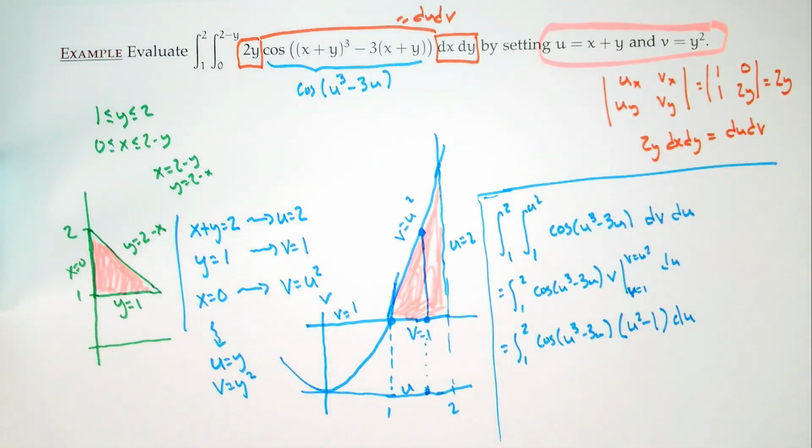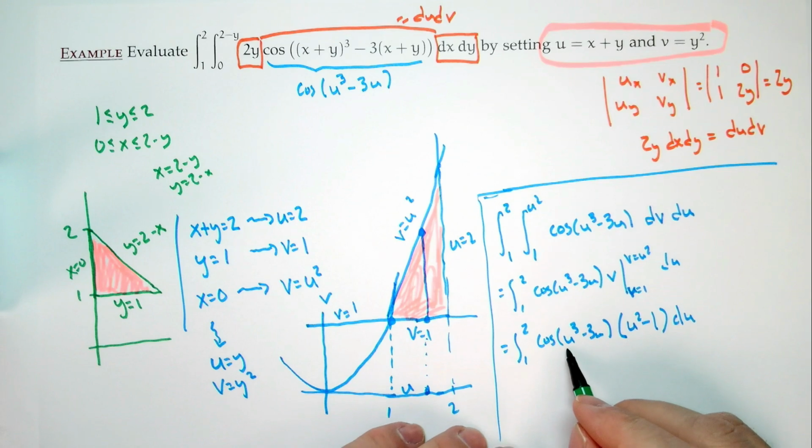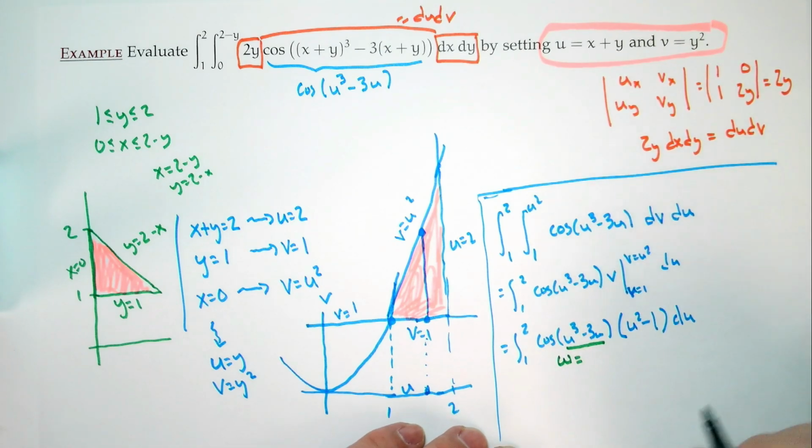Now we say, that's not so bad. It's kind of interesting. u cubed minus 3u, and there's a u squared minus 1. We might be thinking of some sort of substitution. So let's think about that. Let's suppose we were trying a substitution. Now we already have a u, so we're going to go up to the next one. We'll call it w, because it's a double substitution, right?